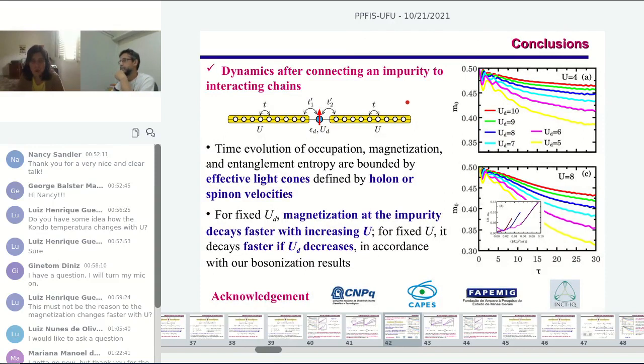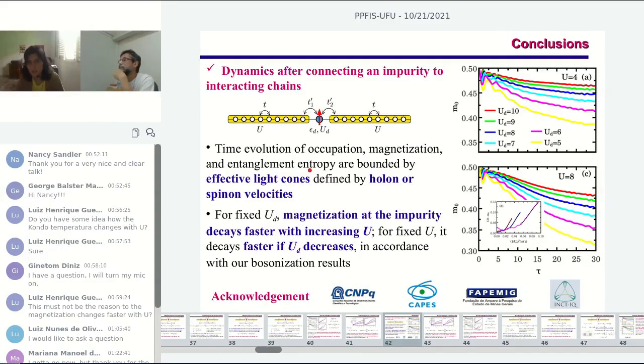So in the second work, I discussed this quench, where initially we had an impurity which was not coupled to wires, and we suddenly coupled the impurity to the wires, or to one wire or to two wires. I showed you results for the time evolution of the occupation, the magnetization, and the entanglement entropy.